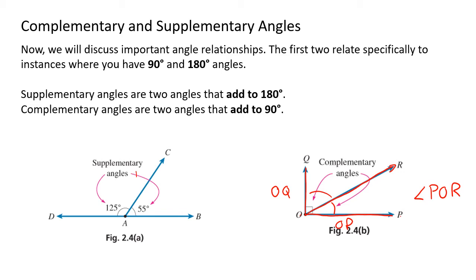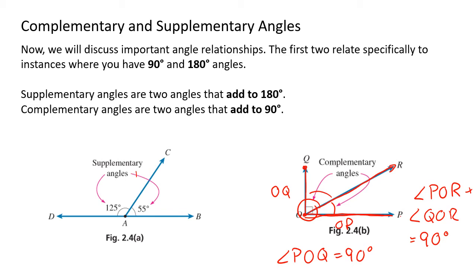And your second angle, angle QOR. If you add those together, they have to equal 90 degrees because this angle, POQ, you see this little square here, that angle is 90 degrees. So if you draw any line within that, the angles that it splits into have to equal 90 degrees.